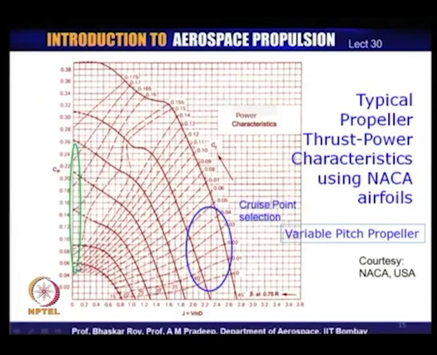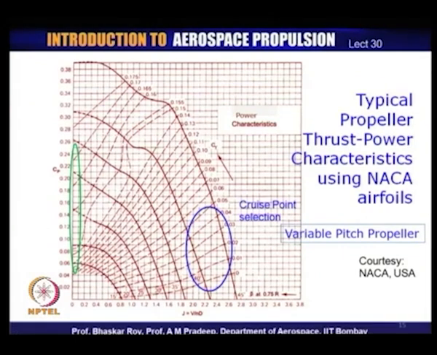On the other hand, near the takeoff, you would need to create more thrust, and hence you would probably be using more power, and as a result you would be operating somewhere over here, which is near 0 advance ratio, whereas over here you are operating at high advance ratio during high forward flight speed of the aircraft. So, these are the typical characteristics that characterize the propeller.